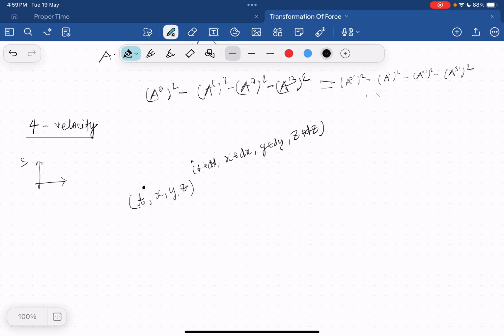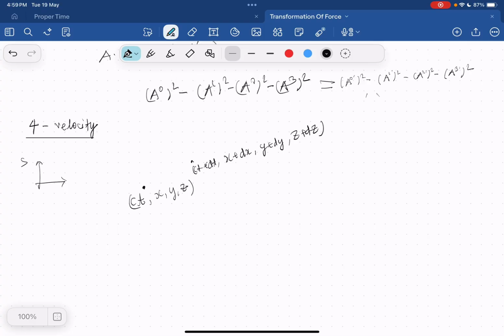Let's multiply the first component by c. We are just making the dimensions of the time component the same as the length.